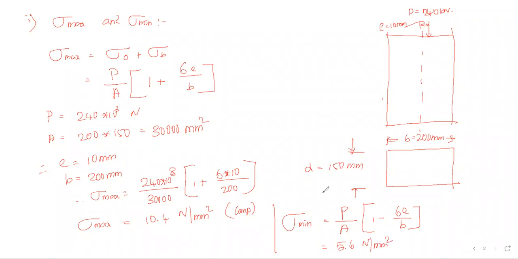This is also positive, so it is compression. The stress diagram will be like this: 10.4 Newton per mm square is the maximum stress, and the minimum stress value is 5.6 Newton per mm square. This is the answer for the first question.